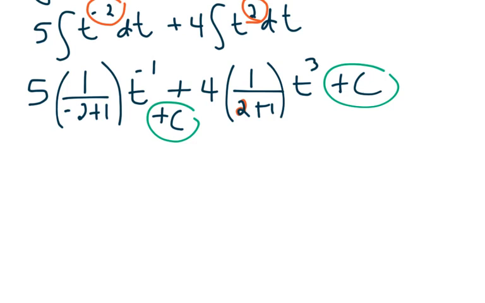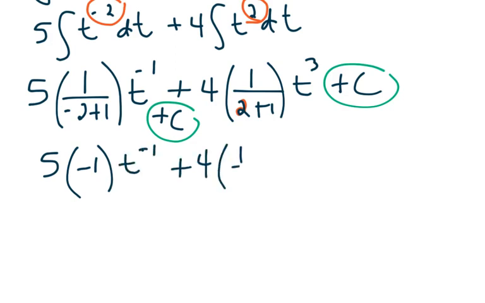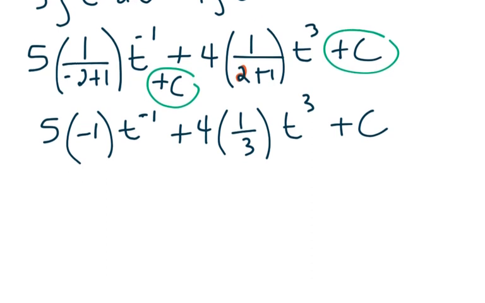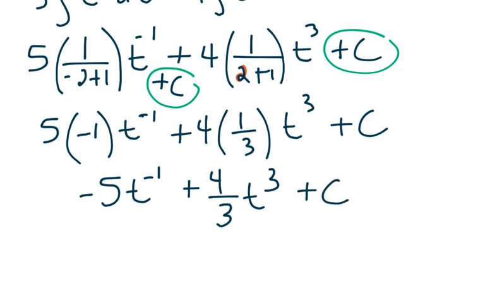So if I simplify this, it's 5 times negative 1, t to the negative 1, plus 4 times one third, t cubed, plus c. And if you want to clean that up a little bit, that gives me negative 5t to the negative 1, plus 4 thirds t cubed, plus c.